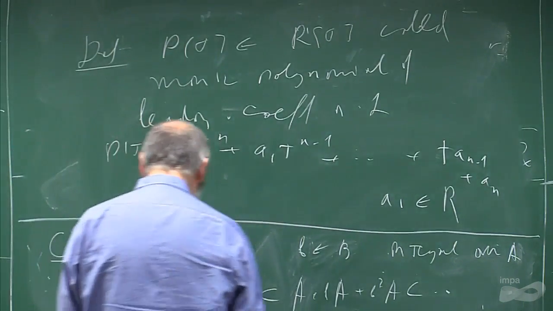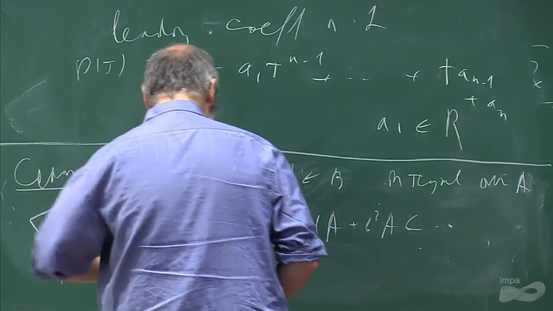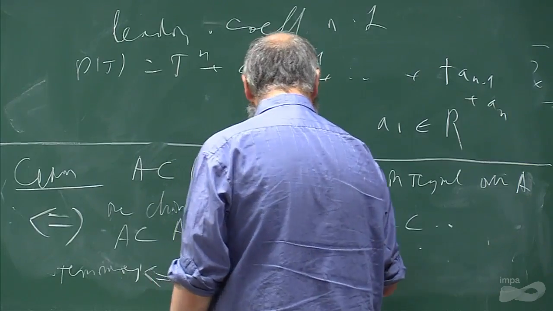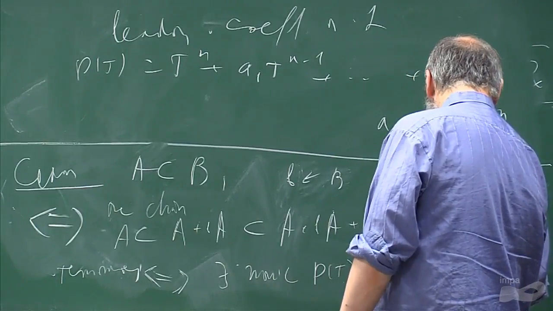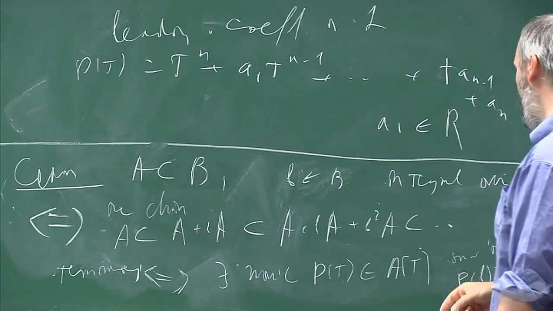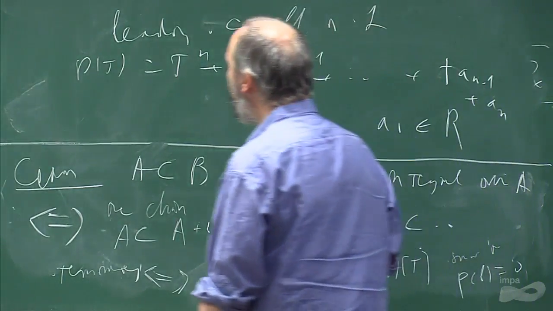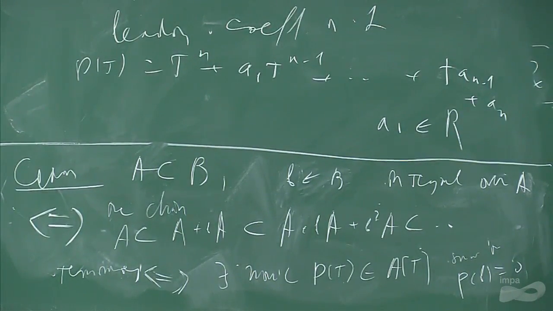And this is actually equivalent to b being a root of a monic polynomial: there exists a monic P(t), a polynomial over A, such that P(b) is equal to 0. So b is a root of a monic polynomial. These are three equivalent statements.